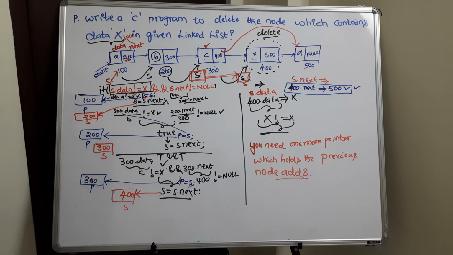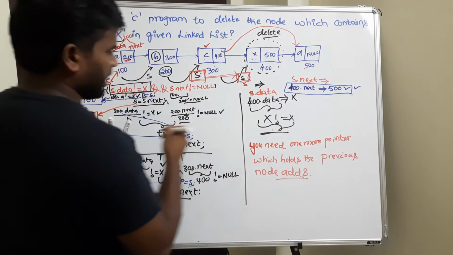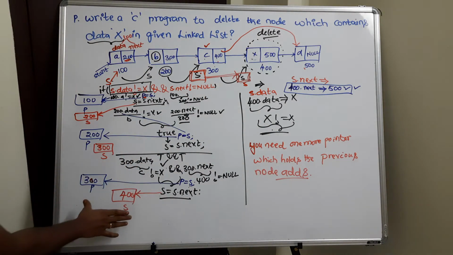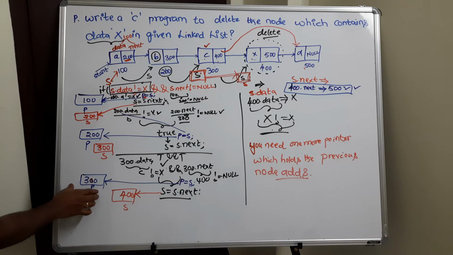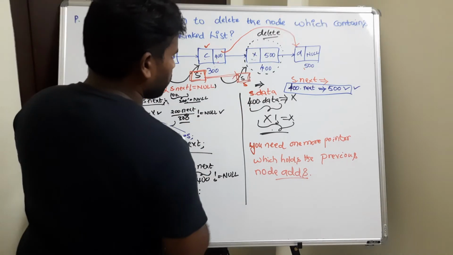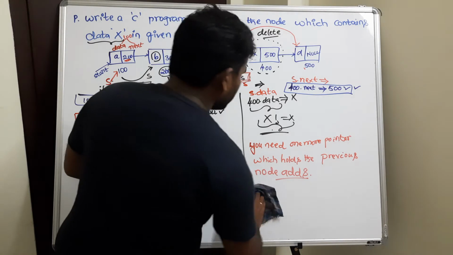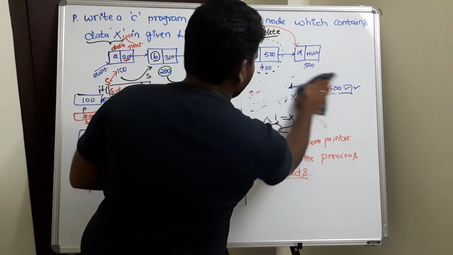So now where you are at S, you are at 400, and your P is at 300. So you know that when you are at 400, your P is at 300, right? So here you got the point.